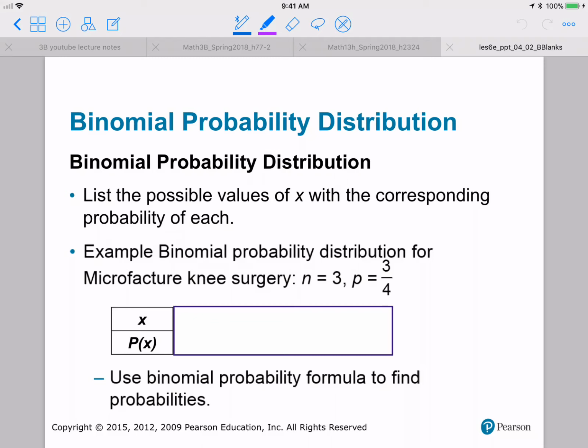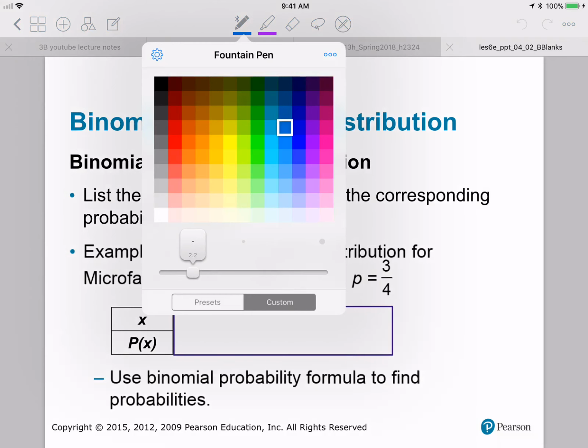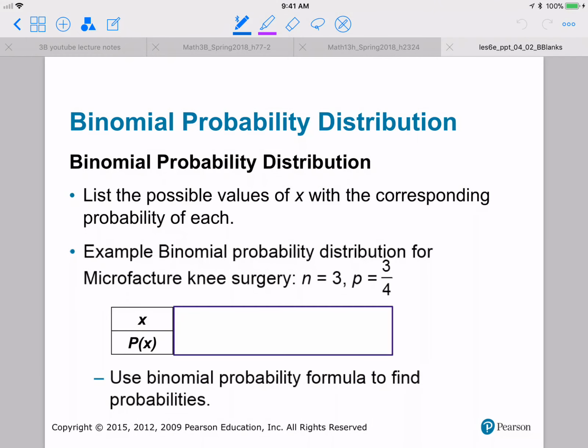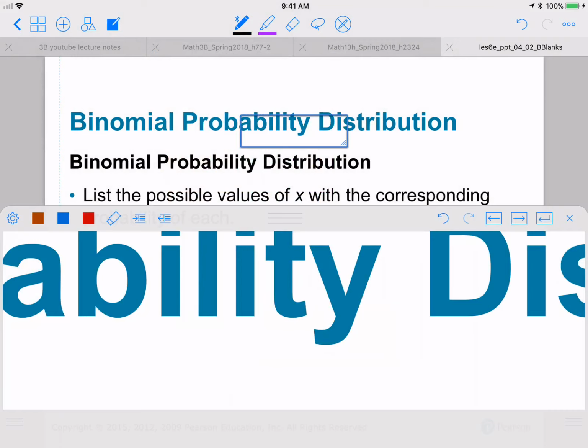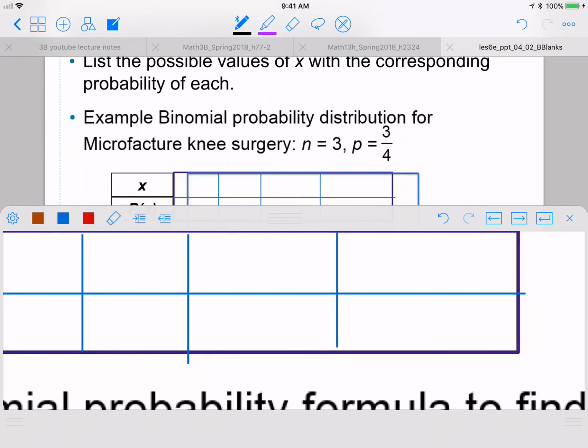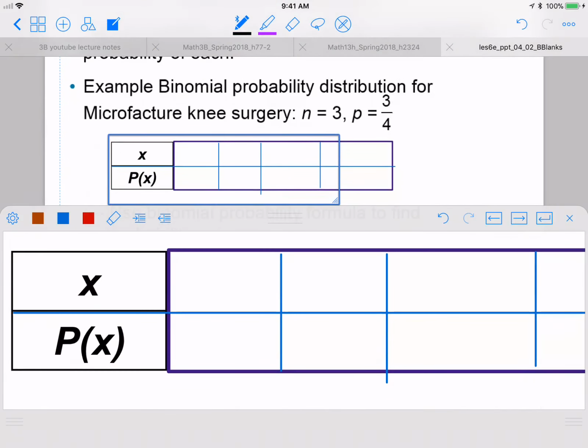Now, we're still in the same scenario as before. We already computed the probabilities, so what are the possibilities for x?